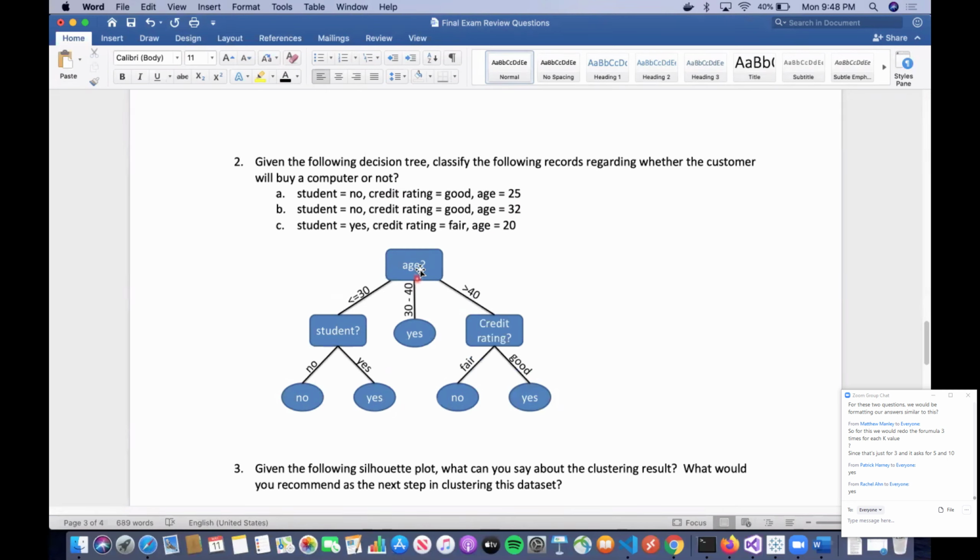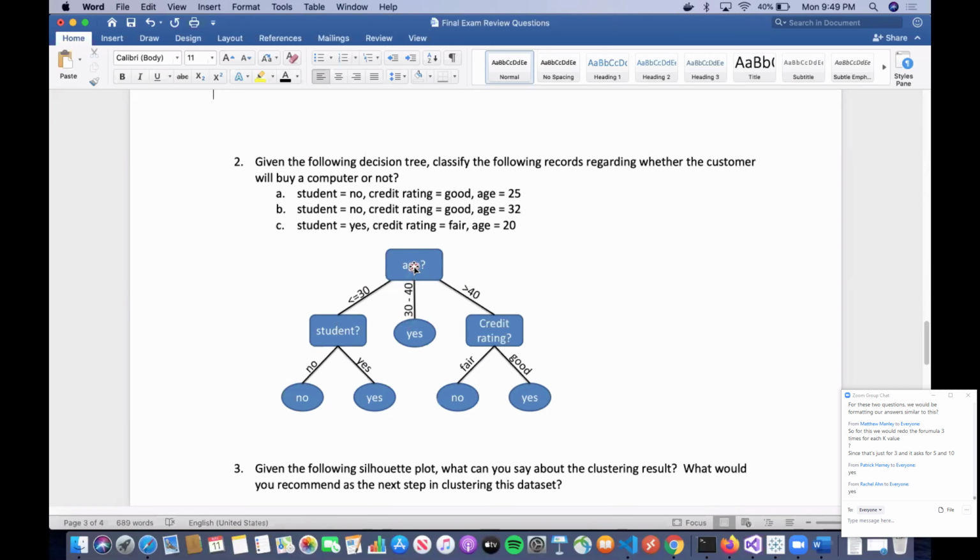The first thing we check is the age of the customer. Is the age less than or equal to 30, or is the age between 30 and 40?